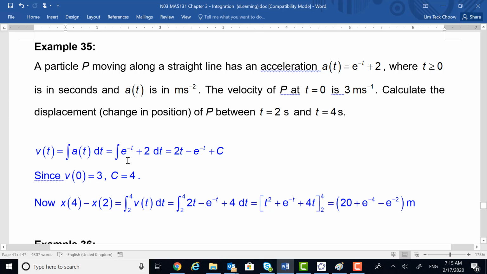I've integrated the acceleration to give me an expression for velocity. Then using the condition when t is 0, v is 3, find the value of c. And now with the velocity expression, I can find the change in displacement by integrating the velocity from 2 to 4. And then immediately I get the change in displacement. Okay, give some time to copy first.